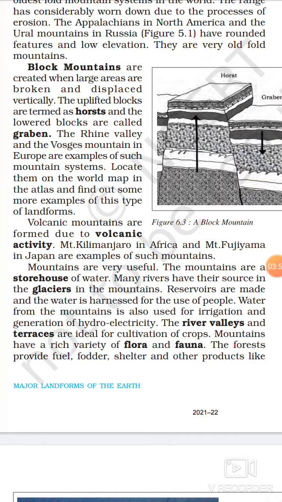The Rhine Valley and the Vosges Mountain in Europe are examples of such mountain systems. Locate them on the world map in the atlas and find out some more examples of this type of landforms.